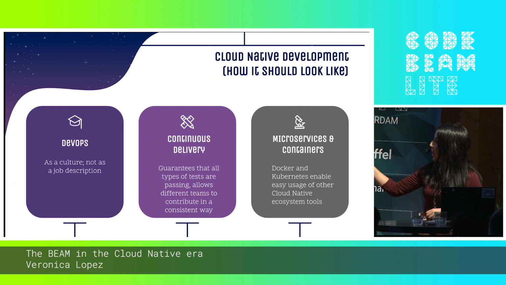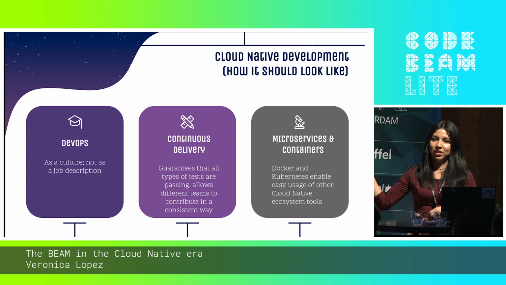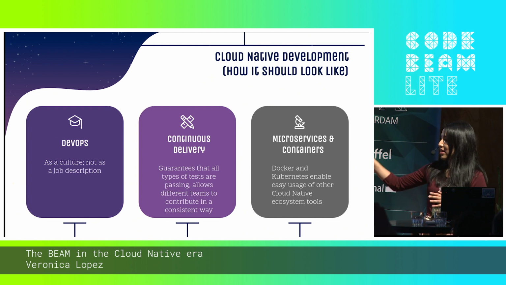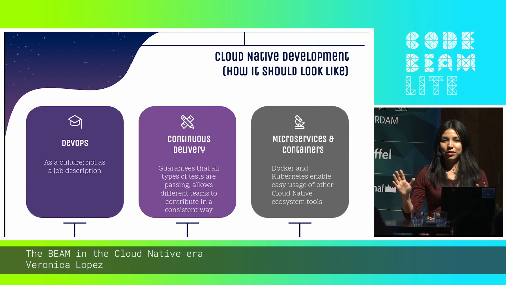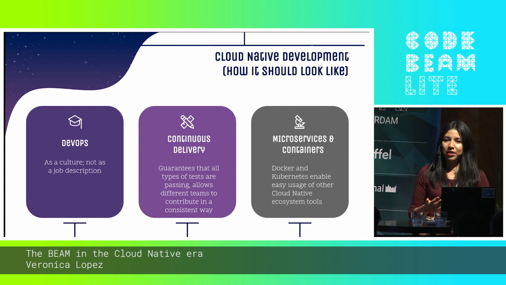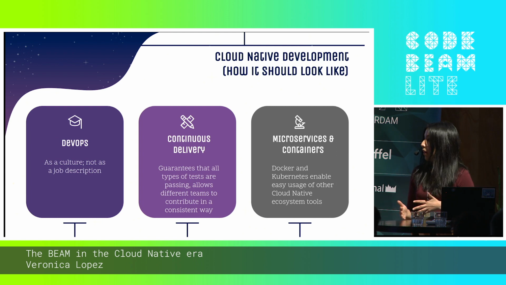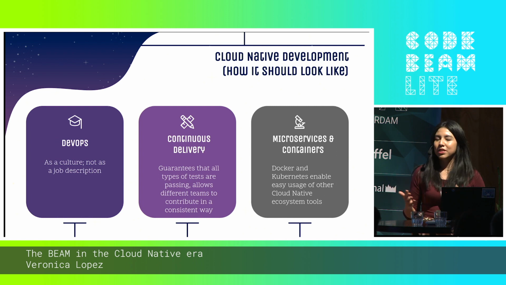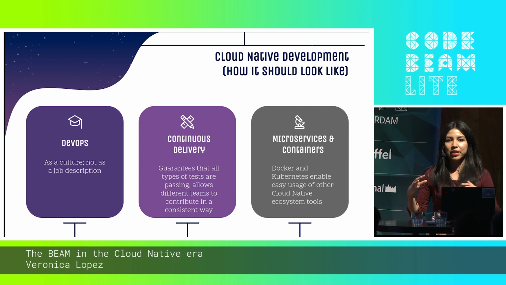DevOps as a culture, not as a job description. This is the ideal thing to do. There are many job postings nowadays that say we are looking for a senior DevOps, or we're looking for a junior DevOps. And I totally understand the goal of that. But the intention of DevOps is not having someone doing DevOps. It's a culture.